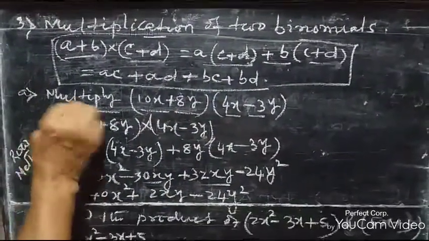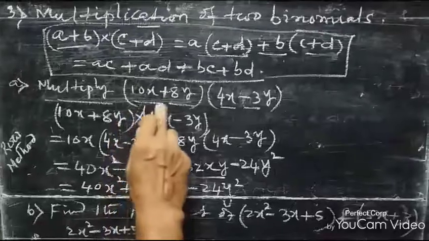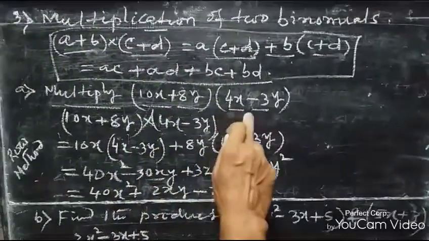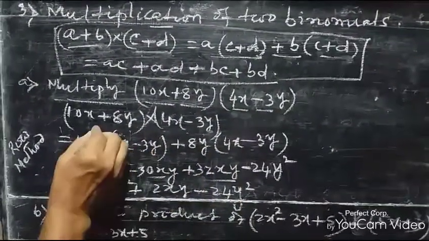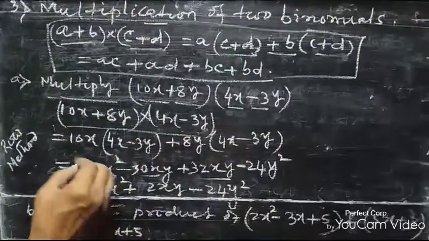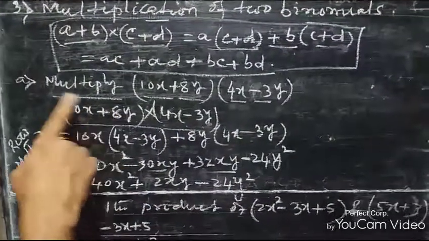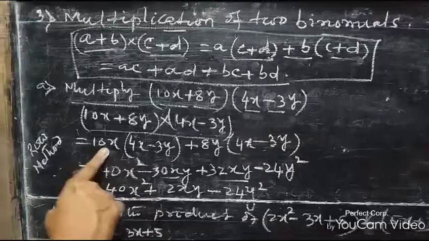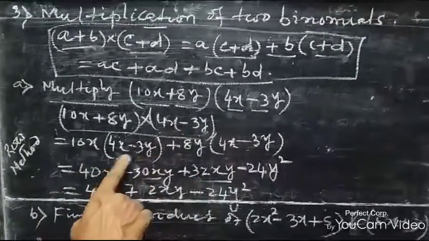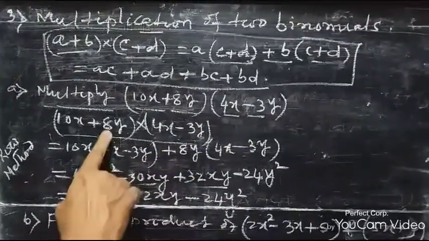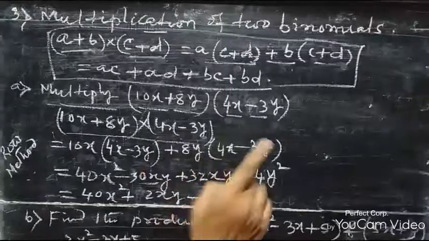Now I am giving one example. Suppose you have to multiply 10x plus 8y into 4x minus 3y. It will be the first term of the first binomial, 10x, into the second binomial 4x minus 3y, plus 8y into 4x minus 3y.